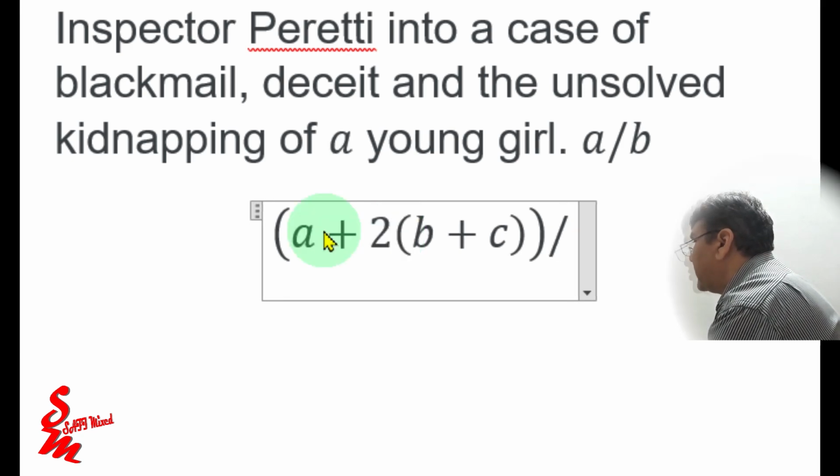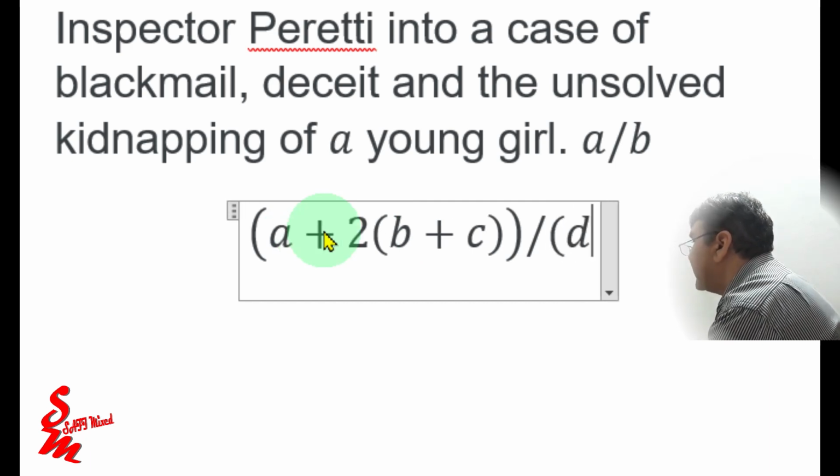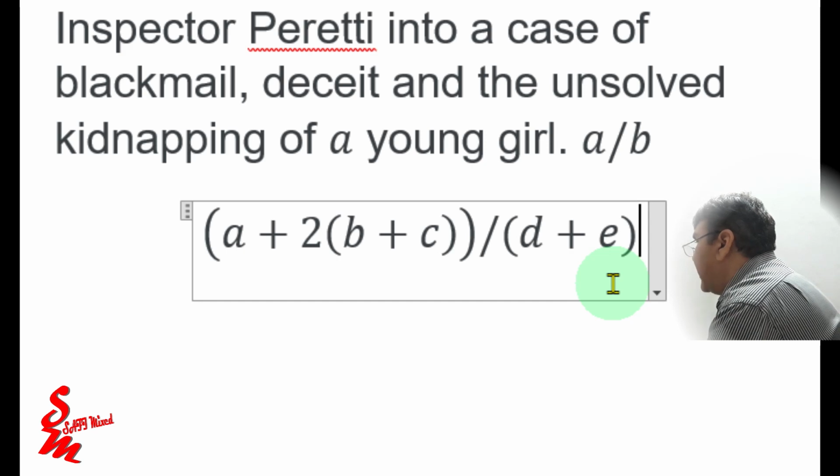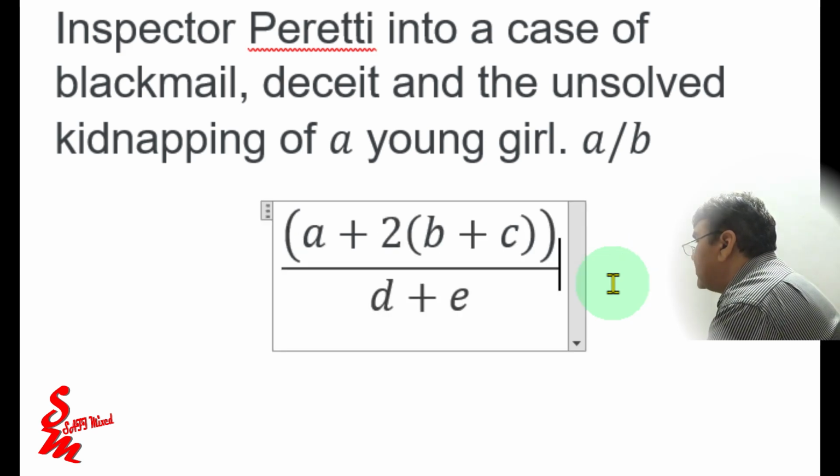Now this whole term is combined and the editor will treat this as a single term, and if I want to divide this with D plus E, if I don't put another parenthesis at the end, the editor will not combine D and E into the denominator, rather it will divide the numerator only with D and will add E. However, if I put a parenthesis and hit the space bar, it will combine it into a single denominator.